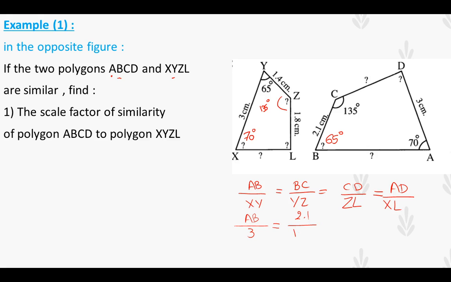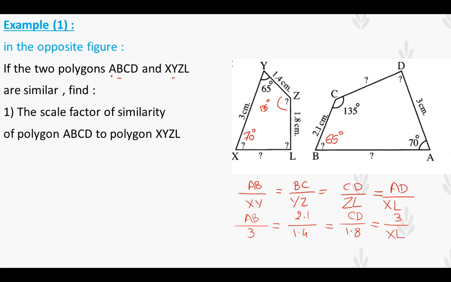YZ equals 1.4, equals CD, we don't know its length, so we write CD over ZL. ZL is 1.8, equals the last one, AD, 3 centimeters, over XL. We don't know its length.